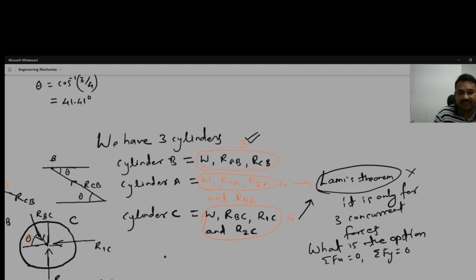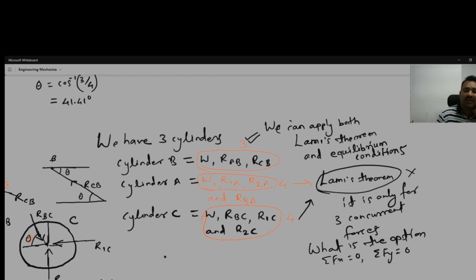Then we have the option: we can apply both Lami's theorem and equilibrium conditions. Okay, so it is your choice as per your convenience.